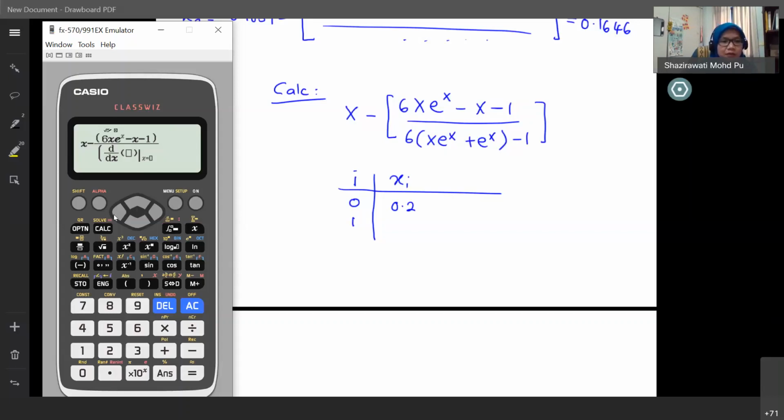So we put one more time 6x shift ln x one more time minus alpha x minus 1.